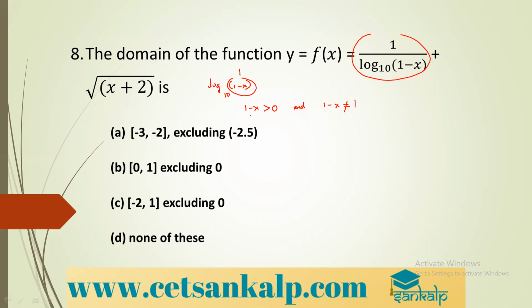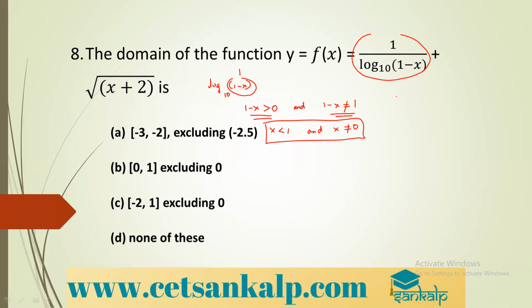That's why 1 minus x should be positive, because for log, the number should be positive, and the number should not be equal to 1, otherwise the log will become 0. So from this I can say x will be less than 1 and x is not equal to 0 when I solve these two. This is very important for us, so we will keep this, we will highlight this.